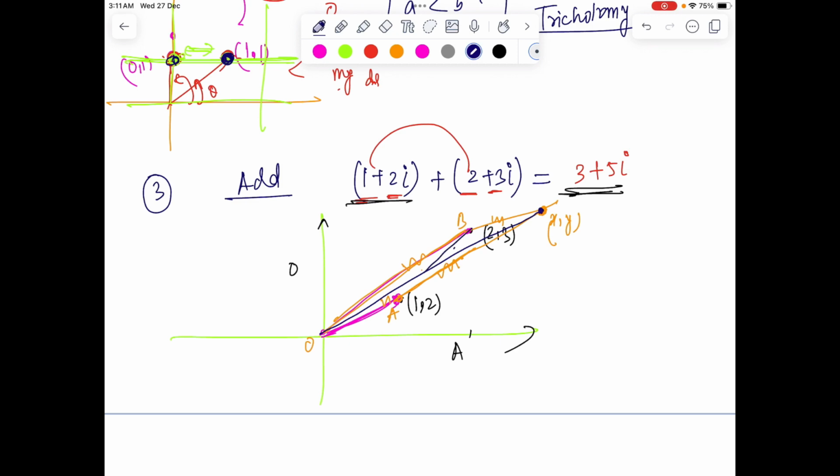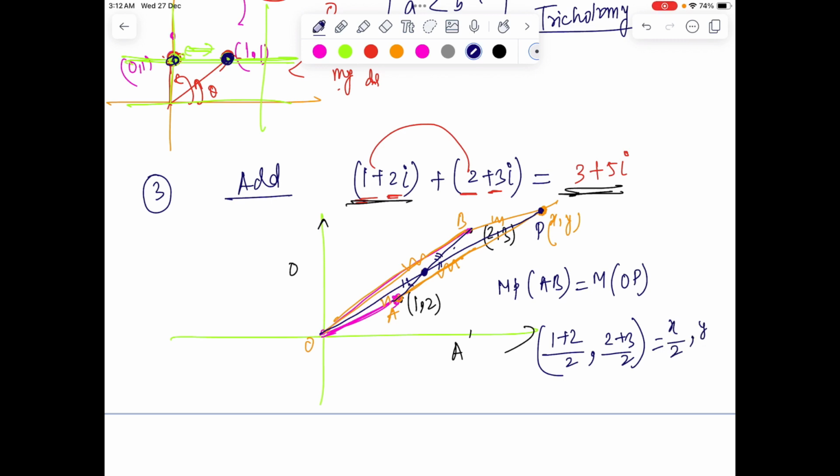So how do we calculate (x, y)? The diagonals of a parallelogram bisect each other. Since they are bisectors, the midpoint of AB will be the same as the midpoint of OP, right? So what is the midpoint of AB? (1 plus 2)/2, comma (2 plus 3)/2. And the midpoint of OP is x/2, comma y/2.